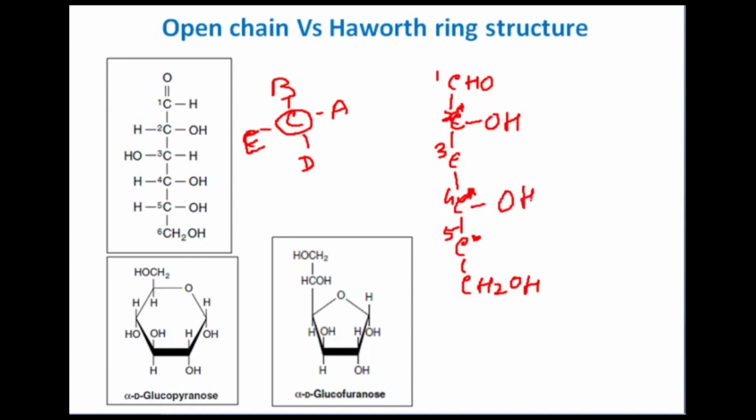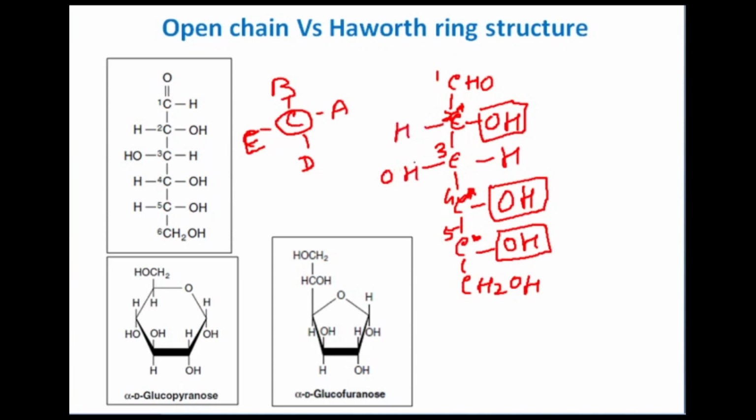So here you just draw OH group on the right hand side on these three chiral carbon atoms. Then you have to make just the opposite of it and fill the empty sides with hydrogen. So this is the structure of D-glucose.